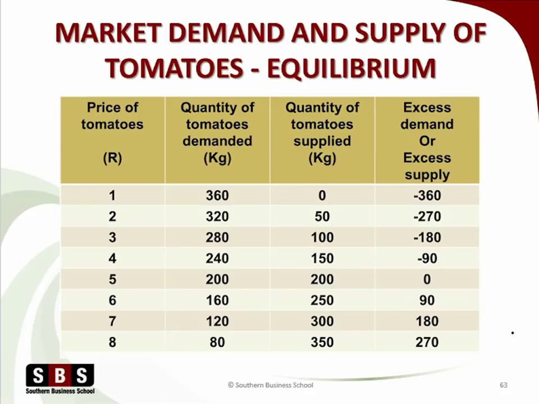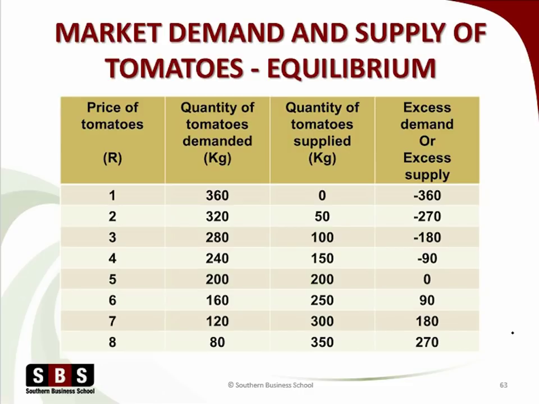There's the quantity of tomatoes demanded, quantity of tomatoes supplied, and there's equilibrium in the middle where they're the same. That's equilibrium. Now anything will be an excess demand or an excess supply at the bottom there.